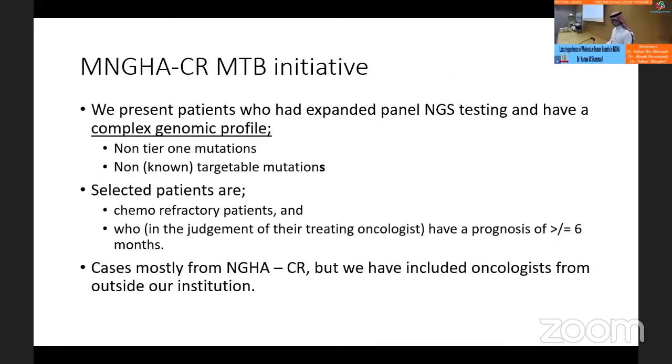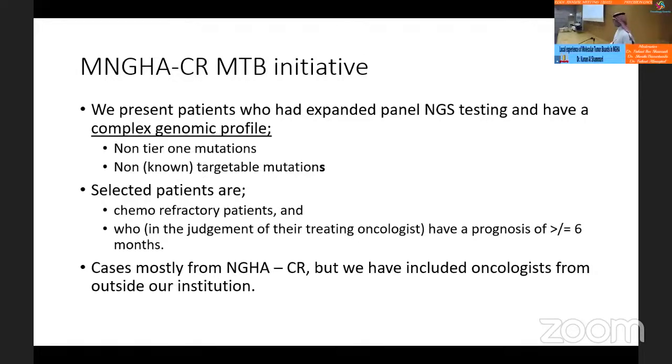So let me tell you who we have presented and how and what are our results. So we chose to actually present patients after having had the expanded panel NGS, which is Foundation One, and have had a complex genomic profile, meaning if the patient comes with an NGS profile showing a ROS1 alteration, and they are a non-small cell lung cancer patient, this is a tier 1 mutation.